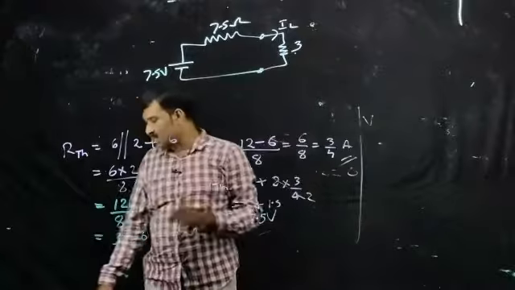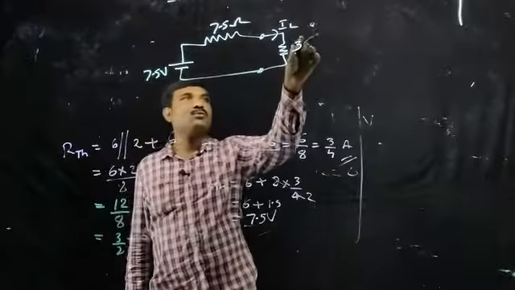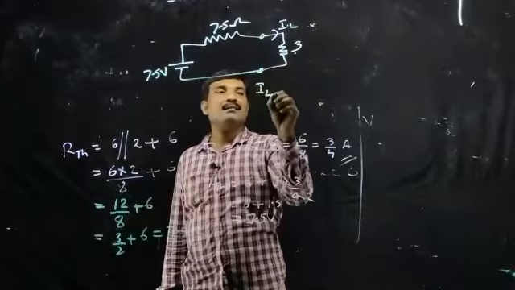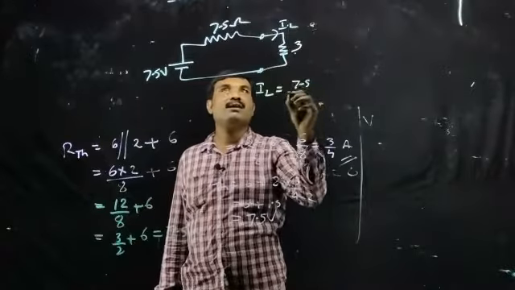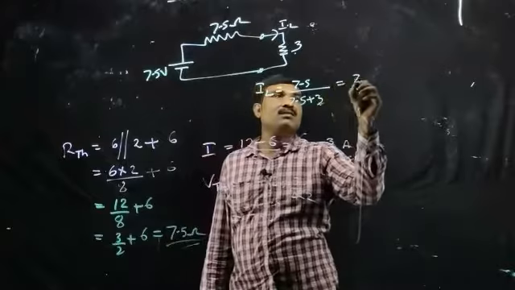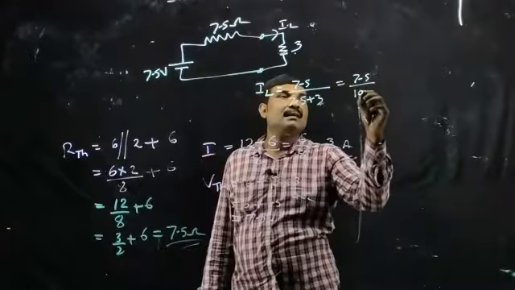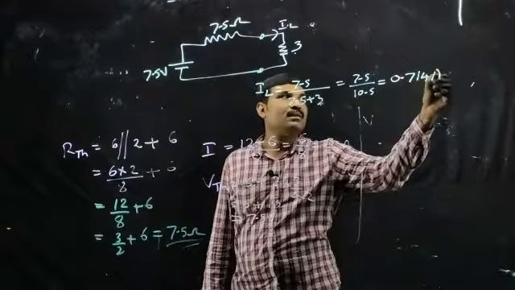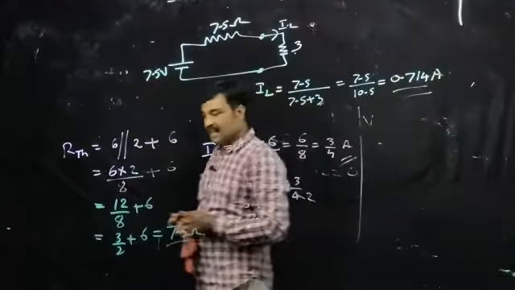Our question is to determine the current flowing through this 3 ohm resistance. So this IL is equal to 7.5 divided by 7.5 plus 3, that is equal to 7.5 divided by 10.5, approximately 0.714 ampere. This is the correct answer.